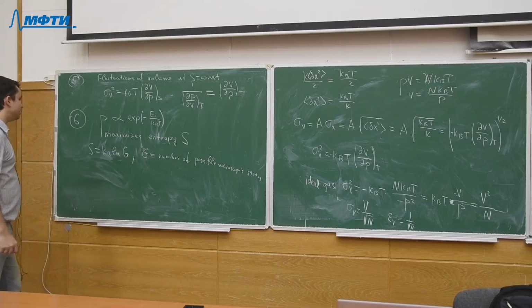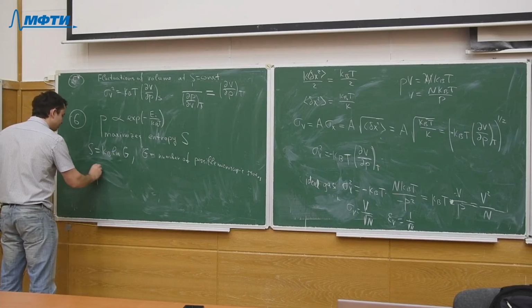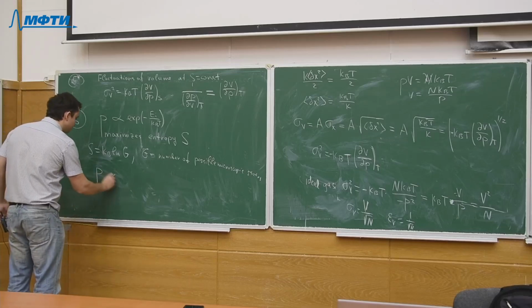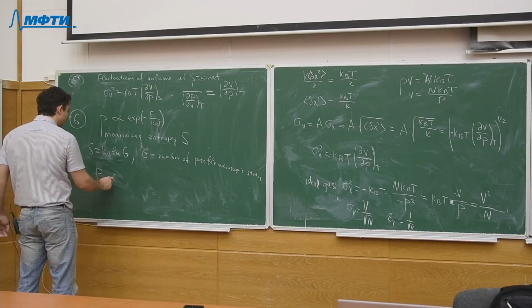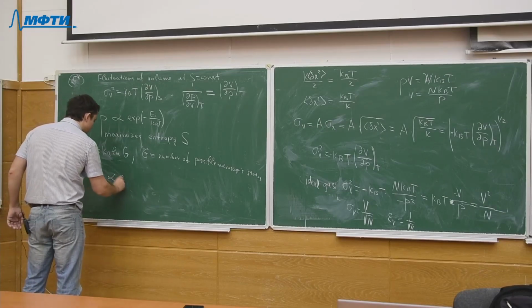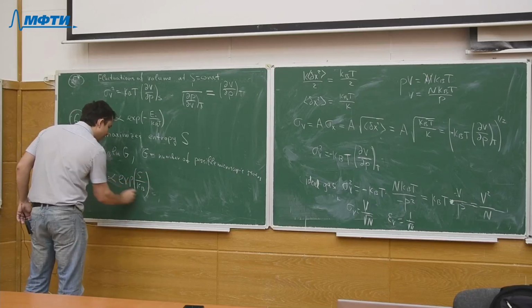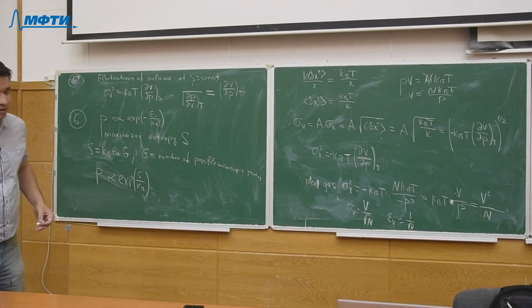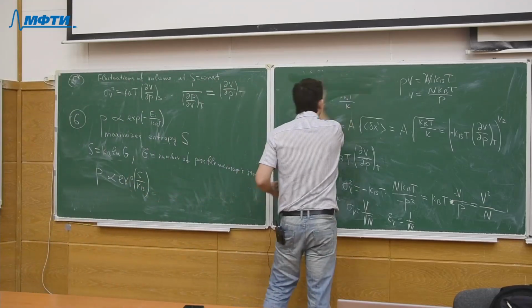So that means that if I calculate the probability for the system to be in a certain microscopic state, what I need to write is that the probability is proportional to the exponent of S over kB. So now that gives us a general, powerful tool, which allows you to calculate fluctuations for any thermodynamic variable.